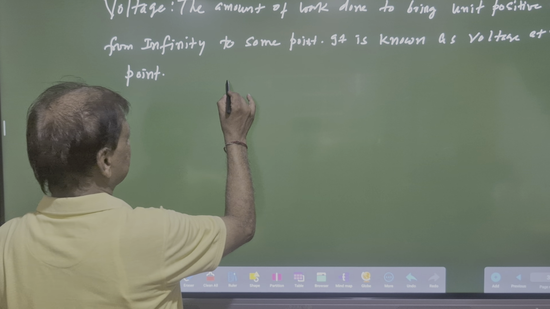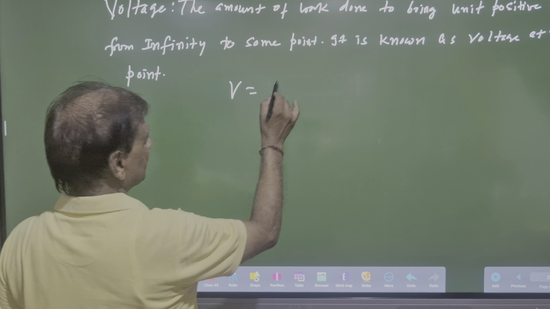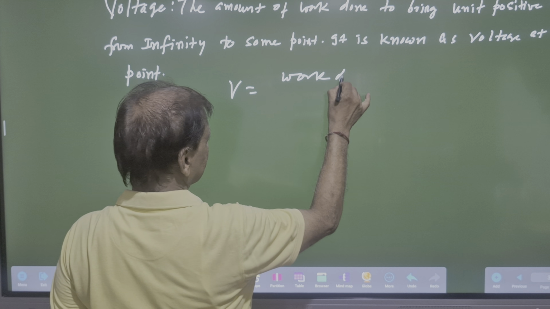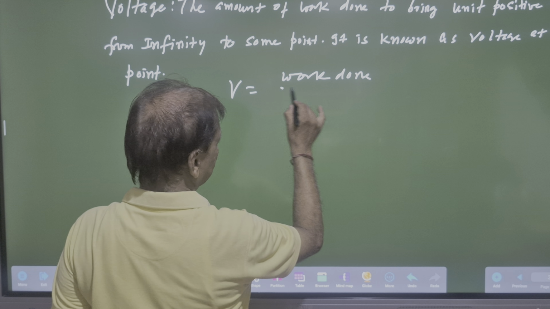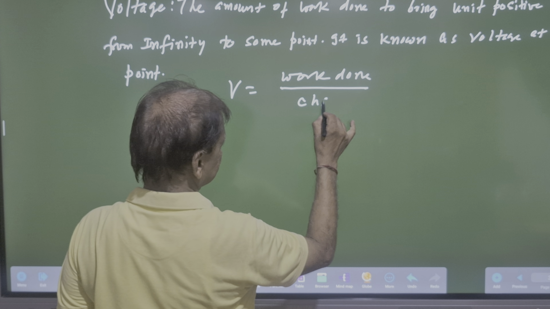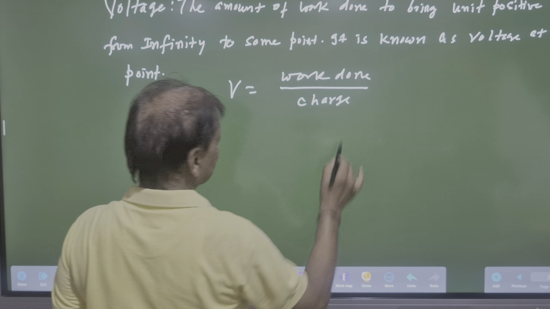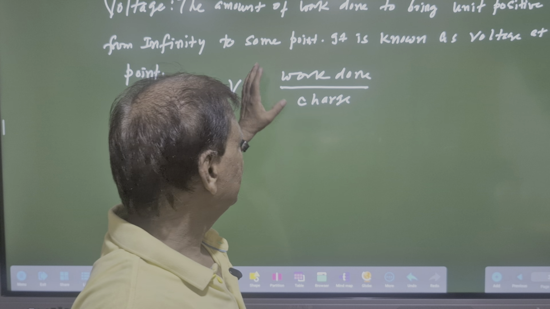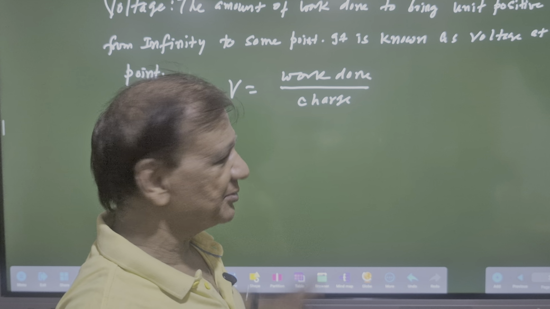So what is voltage? Voltage is nothing but work done upon charge. Here we are basically calculating for unit positive charge, so whatever work done is there, we divide by charge.